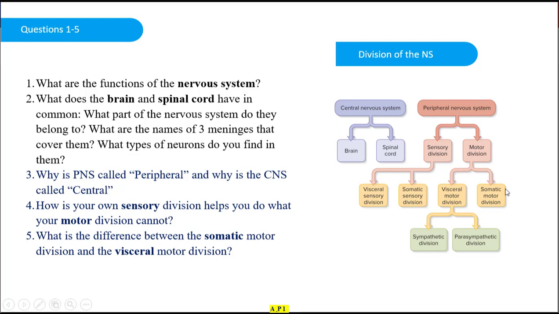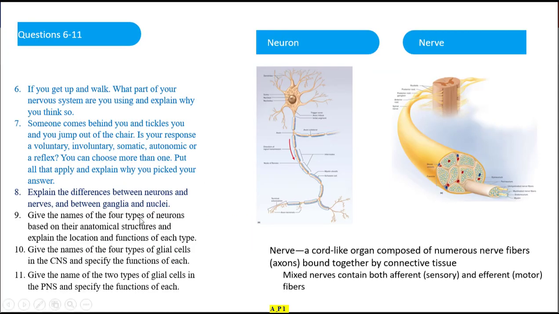Now you can see somatic motor division tells your muscle to do something, but your visceral motor division, also called autonomic nervous system, allows your body to take responses automatically inside of your organs that you don't control, divided into sympathetic and parasympathetic nervous system.